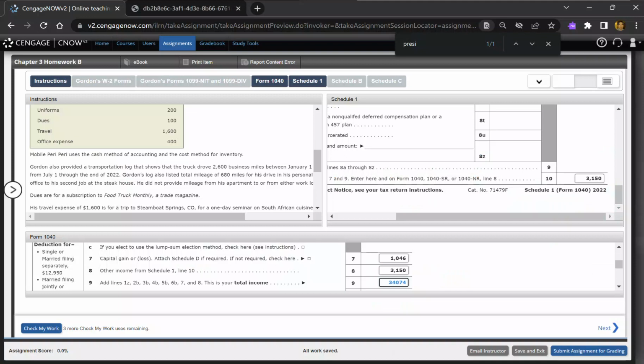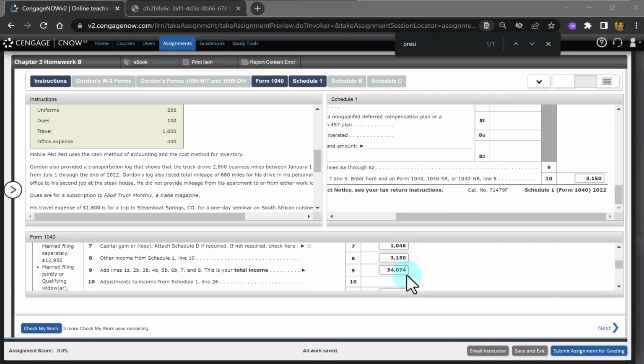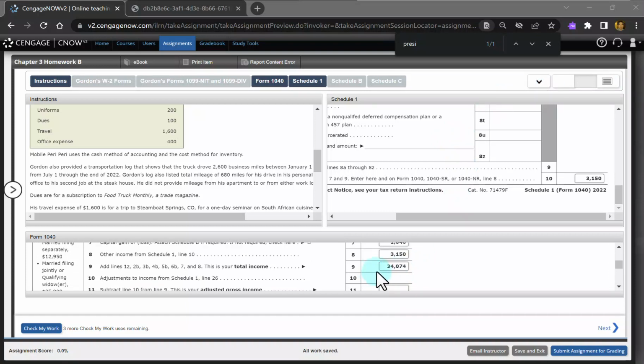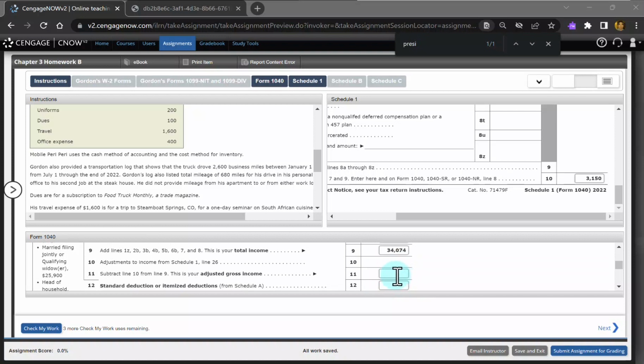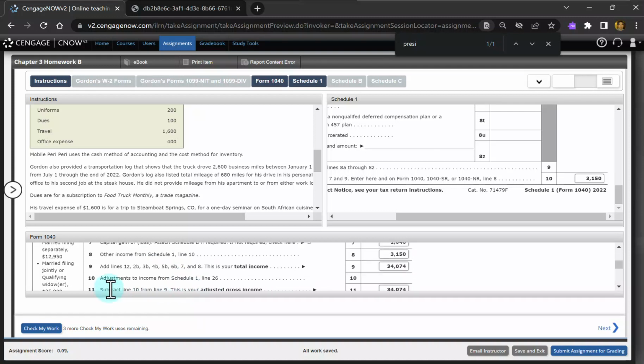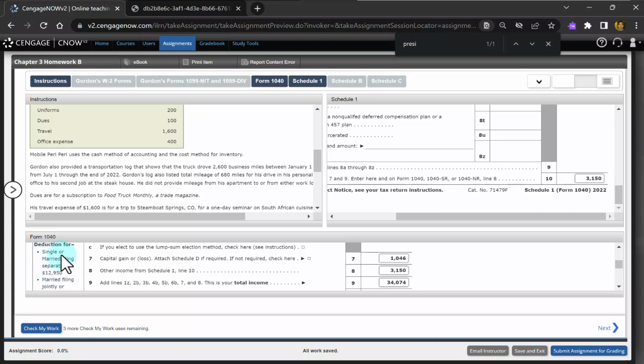Let me double check. This is line number 9. Same number subtotal in line 11. Now here in line 12 we can deduct either the standard or the itemized deductions, and we're not given enough itemized deductions, if any. So we're going to deduct the standard, which the general amounts are listed off here in the margin.